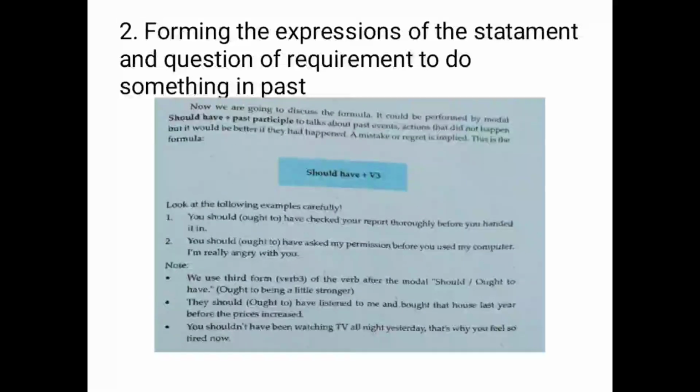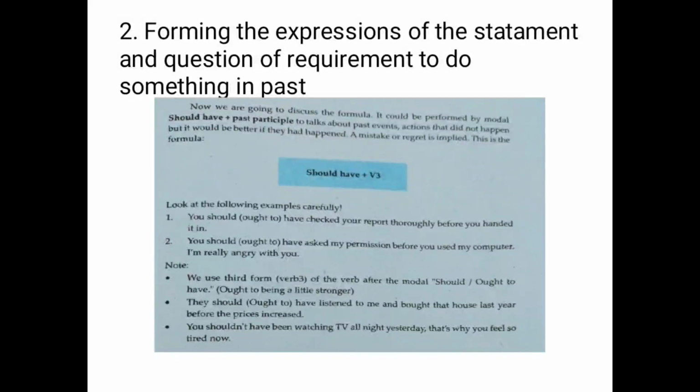Look at the following examples carefully. You should/ought to have checked your report thoroughly before you handed it in. You should/ought to have asked my permission before you used my computer. I'm really angry with you.